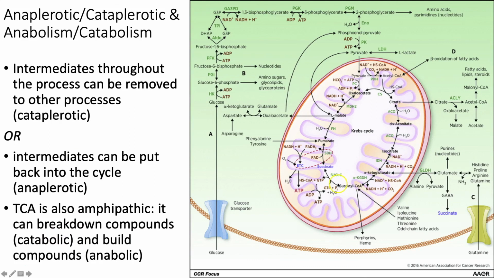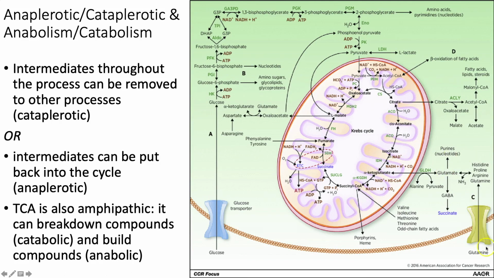Now, those intermediates are what are referred to as either anaplerotic or cataplerotic. As you generate these intermediates, let's say you made the α-ketoglutarate, okay? If I make α-ketoglutarate and I pull it out to make glutamate, that's called a cataplerotic process or a cataplerotic reaction.